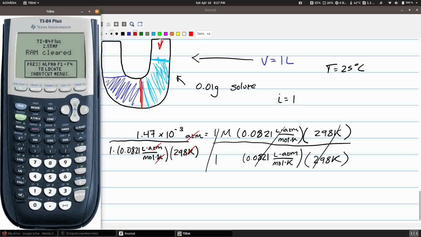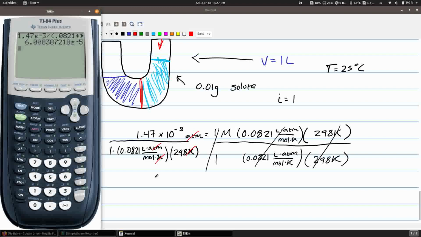So we have 1.47 EE negative 3 divided by parentheses. Do parentheses for the bottom, because otherwise you're not going to get the right answer since it's going to read it out differently.